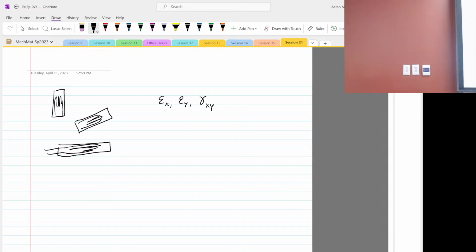So what is it going to be? Epsilon x, because you have to multiply by 2. What does that mean? It means that the maximum shear strain is the same as the maximum principal strain. That makes sense. That's kind of wild, right?